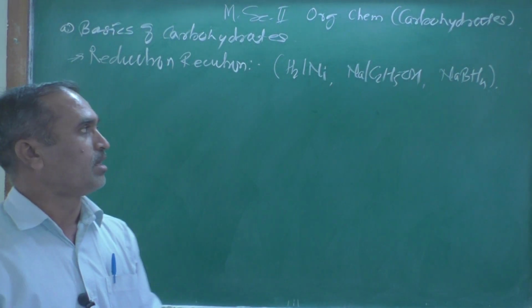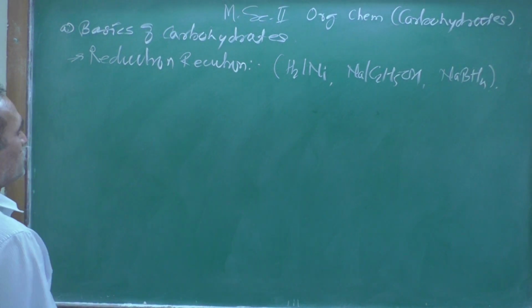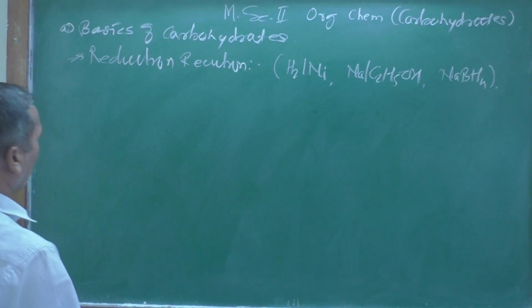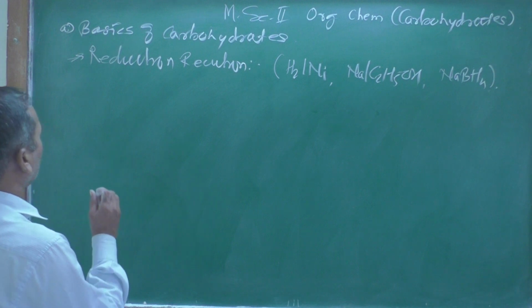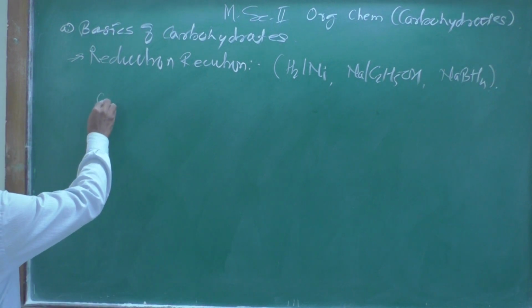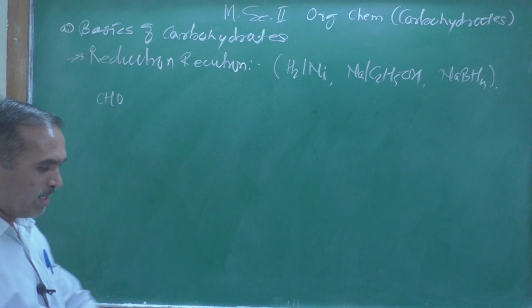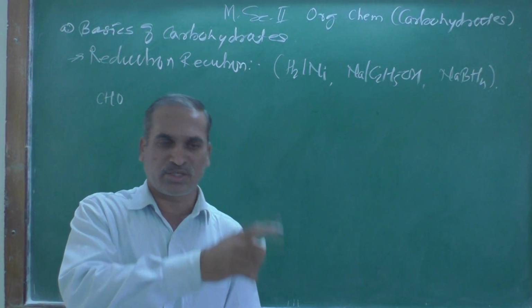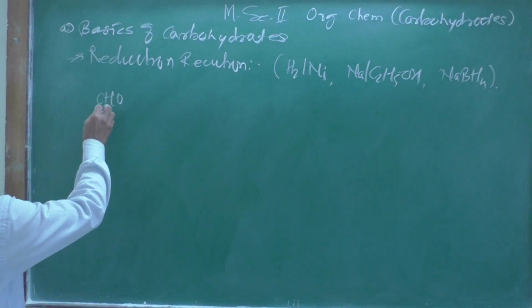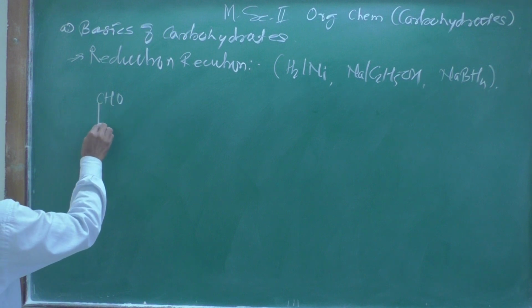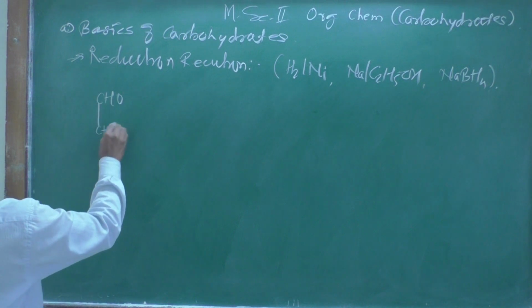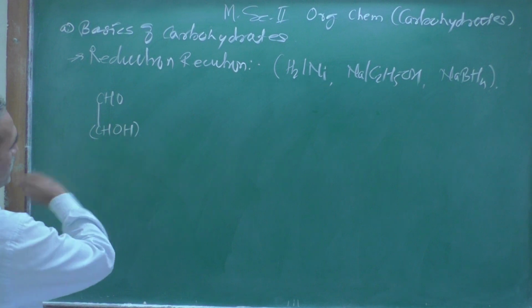These are employed in ether. As we know, the structure of glucose, in short, while writing the reaction of glucose, we write simply as CHO-OH, that is a secondary alcohol.